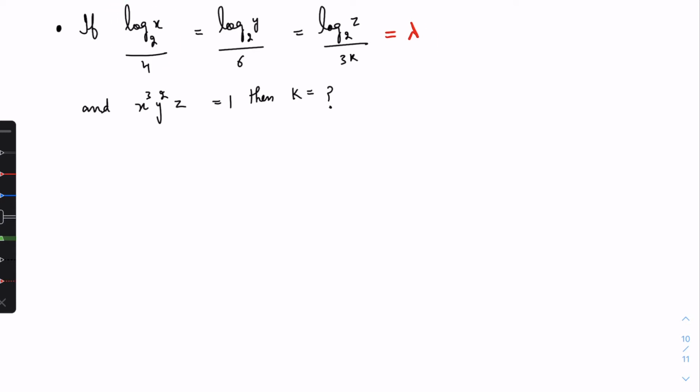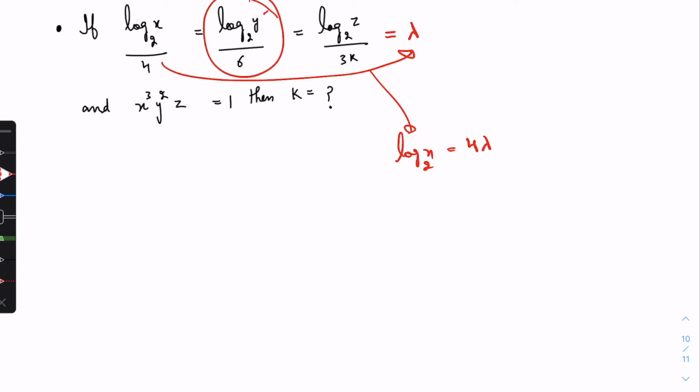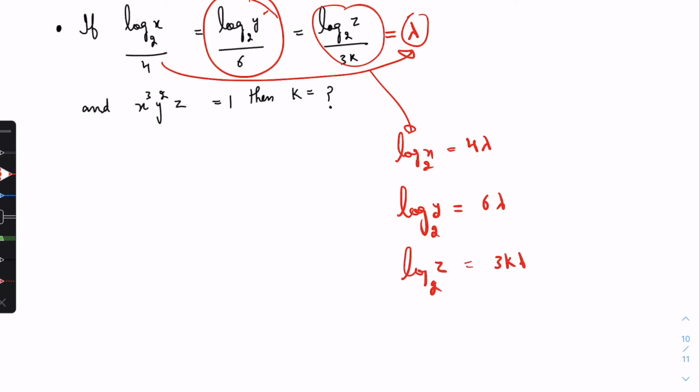So from here, comparing this with this, I get that log x base 2 is 4 lambda. And if I compare this with lambda, I get log y base 2 is 6 lambda. And with this third one, we get log z base 2 is 3k lambda.